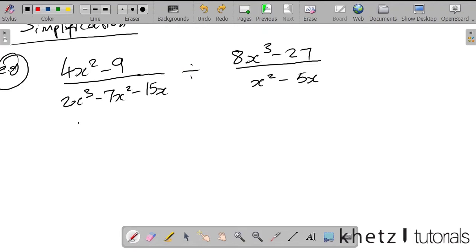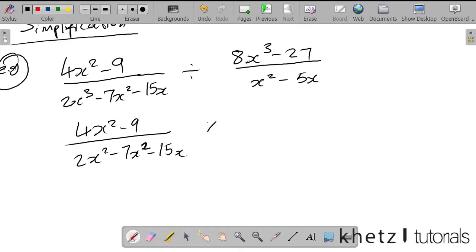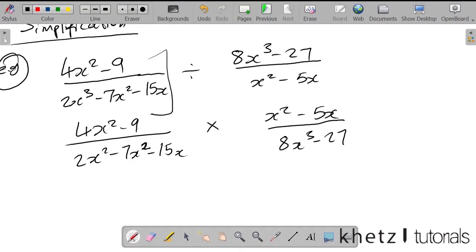You should know by now that dividing is actually the same as multiplying by the reciprocal of whatever you are dividing by. So this is the same as just multiplying this by this, but now taking the denominator to the top and the numerator to the bottom.